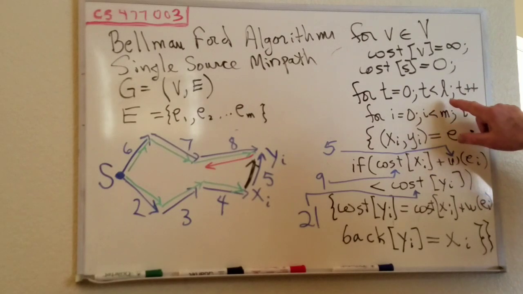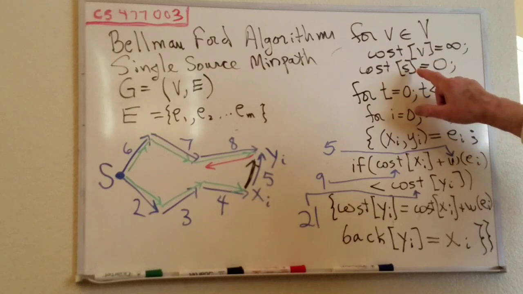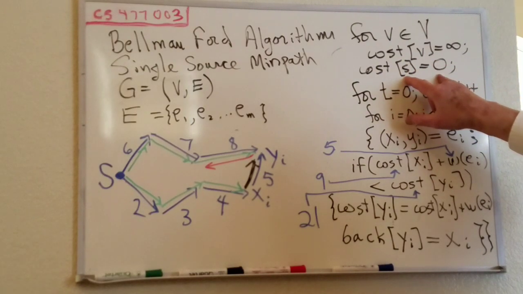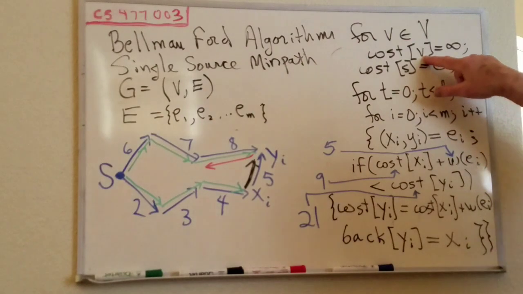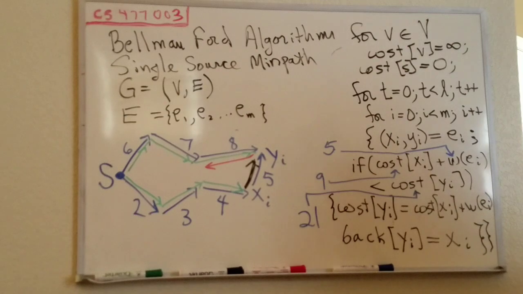All right, now, we initialize the cost, which is the cost of the shortest path. For the source, the shortest path from S to S has length 0, of course, and since we haven't built any paths, the cost from S to any other vertex is infinity, meaning that we don't have a path. So we have nested loops.